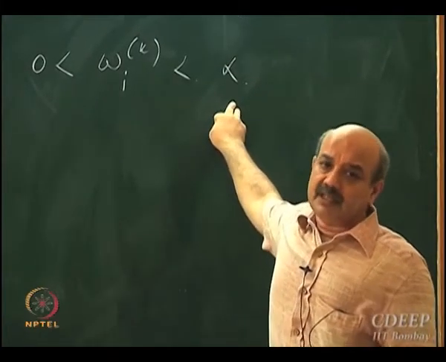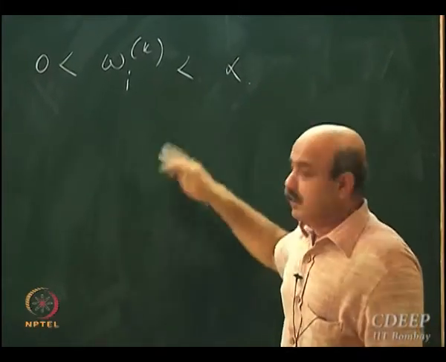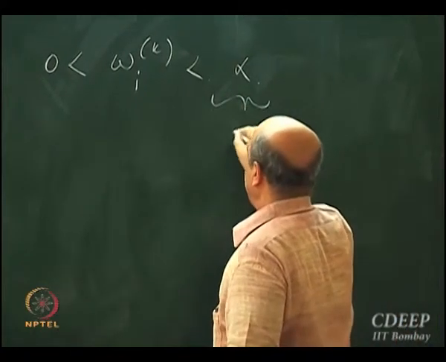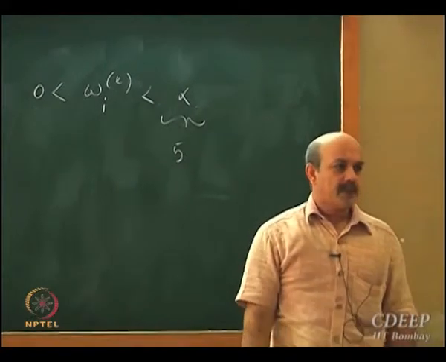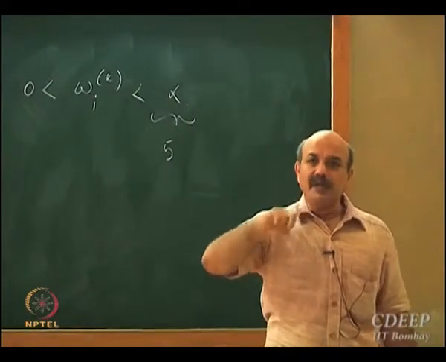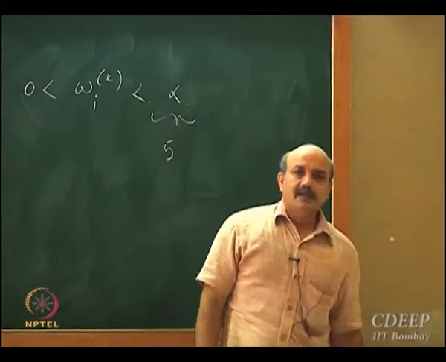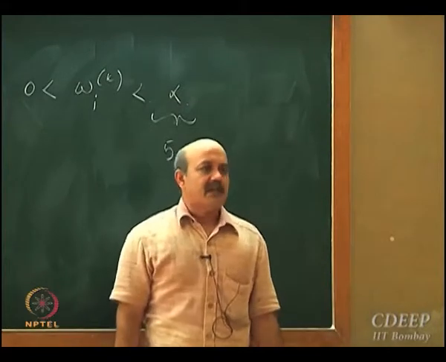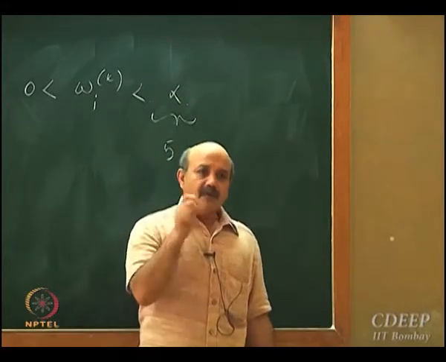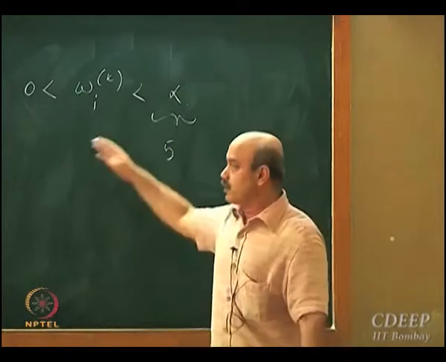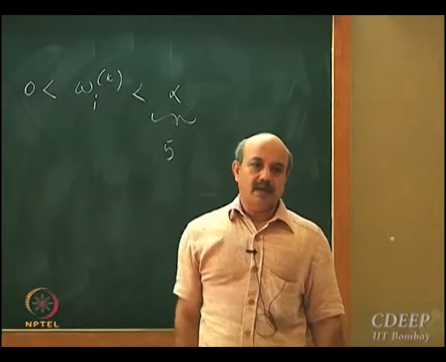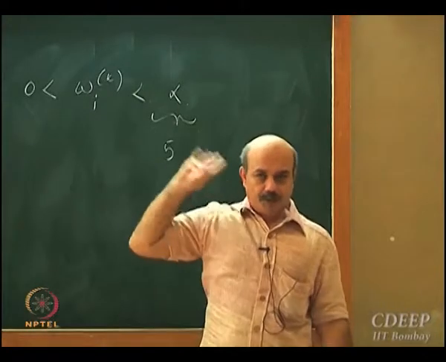Okay, suggested value for this alpha is 5. Typically you restrict this between 0 to 5. Okay, so you are doing something like relaxation method, successive substitutions with variable omega. Okay, and omega you want to restrict between some number between 0 and 5.